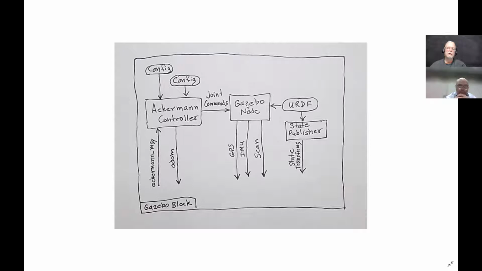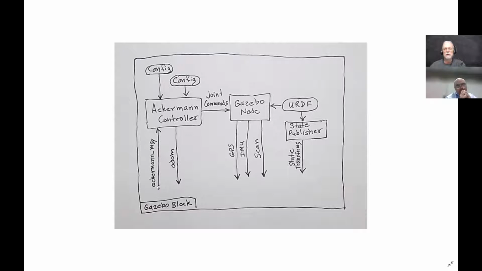The model gets loaded into Gazebo, and then they've got another program they supplied with this thing that I started with. It's a big Python script called Ackerman controller, and it subscribes to Ackerman message from ROS. And if you wanted to, you could hack on it and make it work with command velocity instead, but they wrote it for Ackerman message.